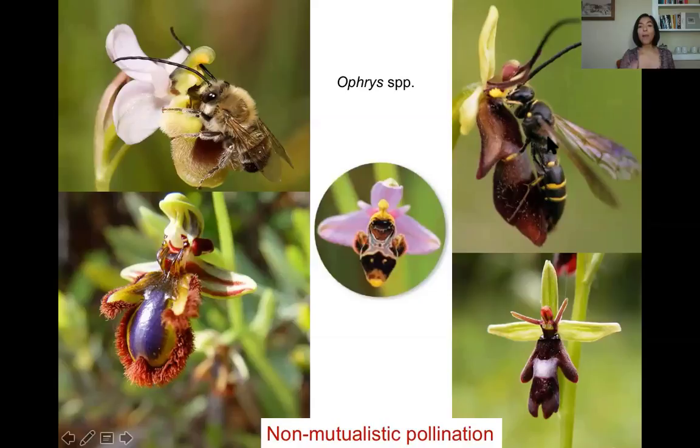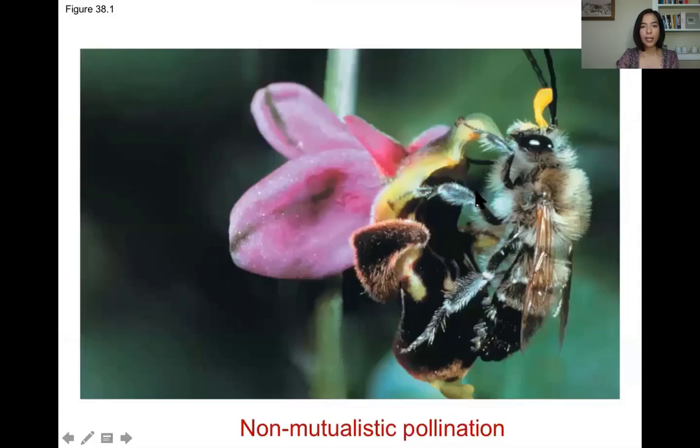So when these bees or wasps try to mate, they try to carry the female. And by doing that, there are pollen grains in these staminoids right here, and these staminoids get transferred onto the bee or the wasp, and the next time that this insect gets tricked, it is going to be fertilizing the next plant.